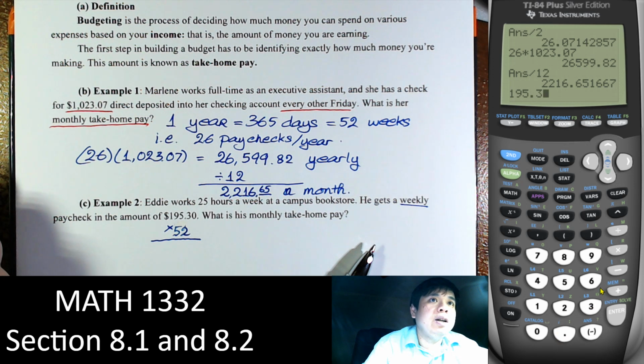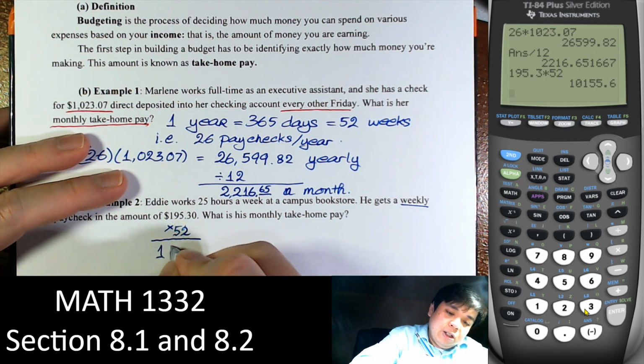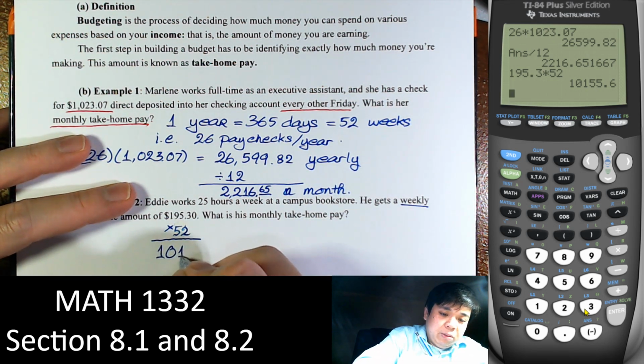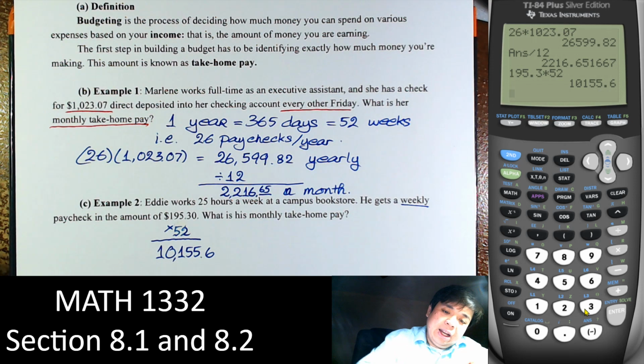That gives 10,155.6. That is a year, and then we divide by 12.